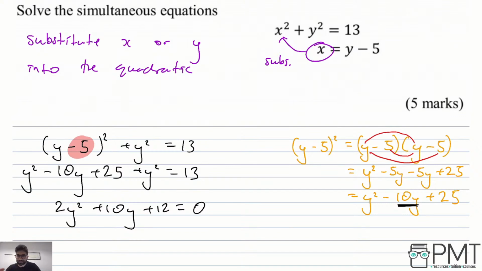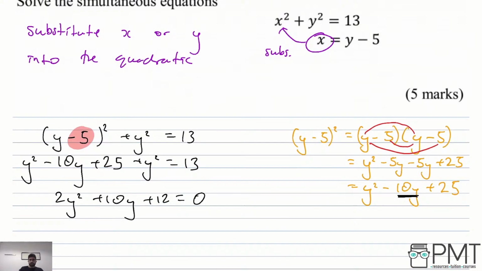Can I do it a bit simpler? Can I do something to simplify things? So you can see, if you are at this stage, make sure you simplify your terms as much as possible. So you can see that there is 2, 10, and 12. There is a common factor.